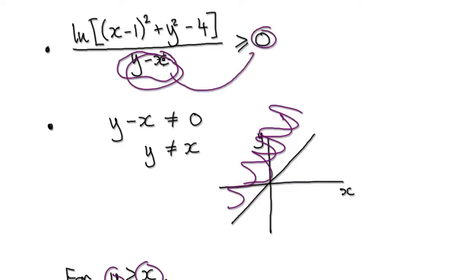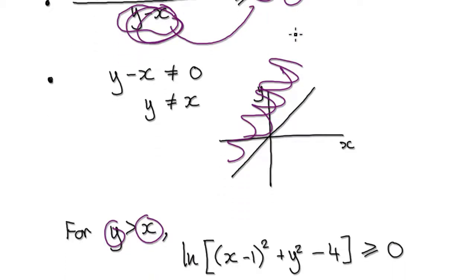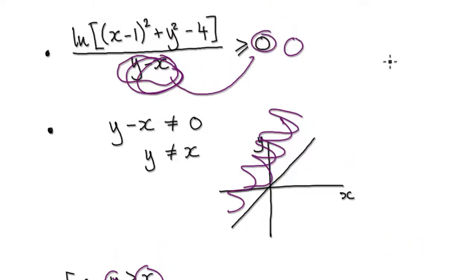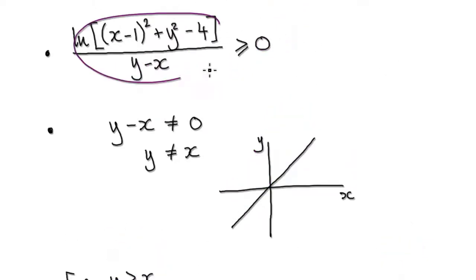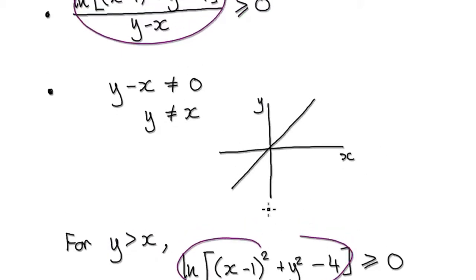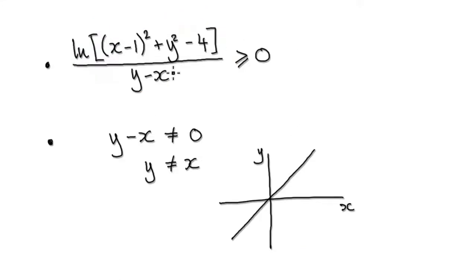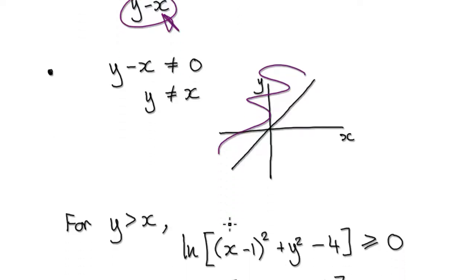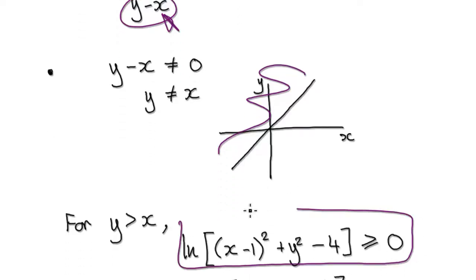So 0 times this thing here will be 0, and then this thing here will just become this thing here. And remember, the reason why we're able to do that is because we know that this thing will always be positive in this region. Okay, so we are currently at this stage here.